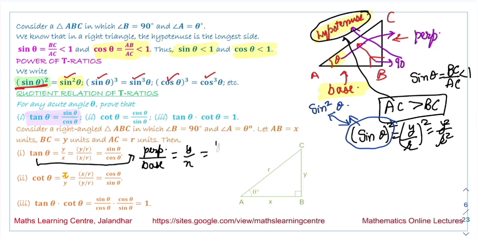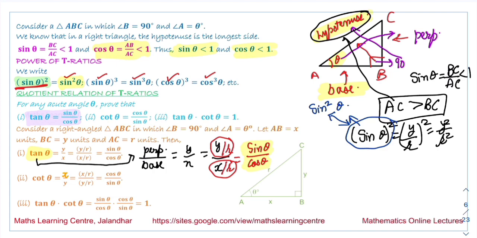If we divide the numerator and the denominator by r, what will this become? y over r, which is the definition for sine theta, and x over r, which is the definition for cos theta. So we get that tan theta is equal to sine theta over cos theta.